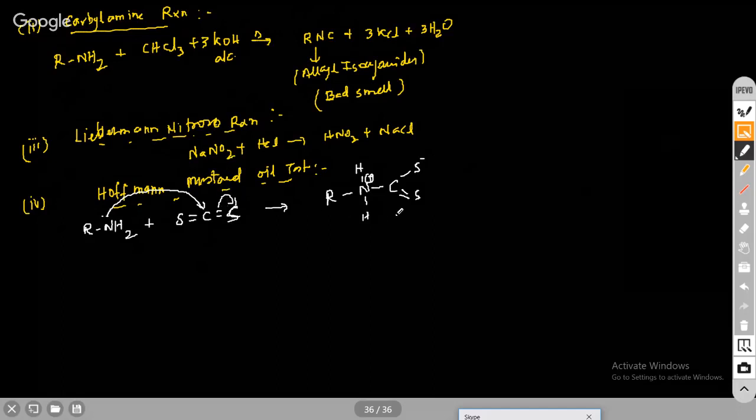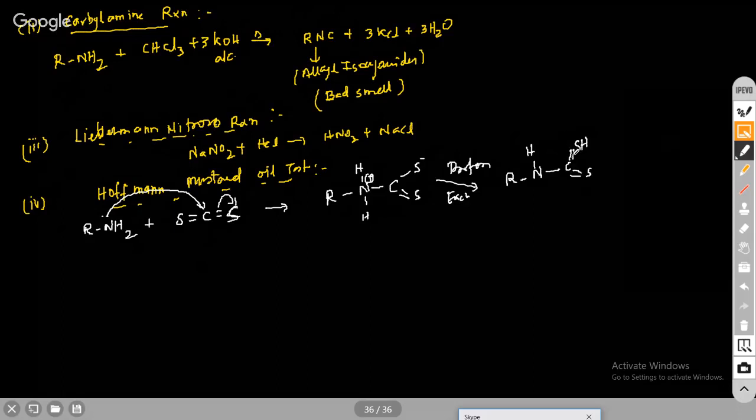Now what happens in this? In this, proton exchange takes place. So write down here, proton exchange. One of these hydrogens comes over here. So we'll get RNH, C double bond S, and SH also. Just a second, wait.